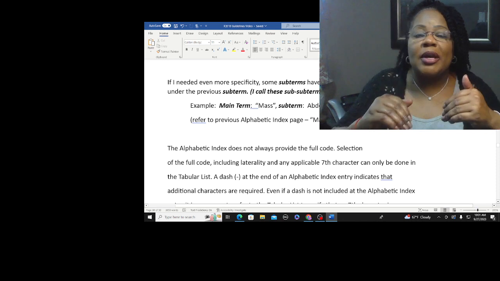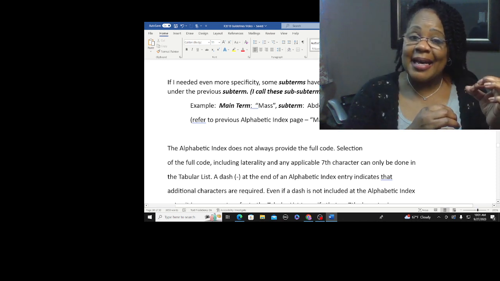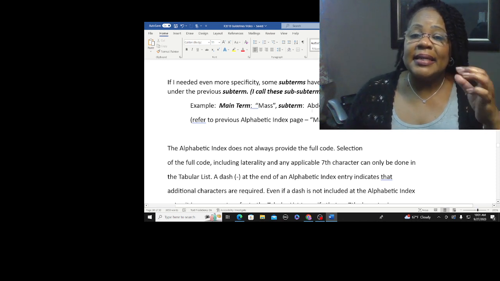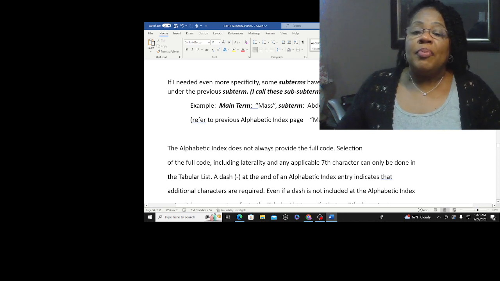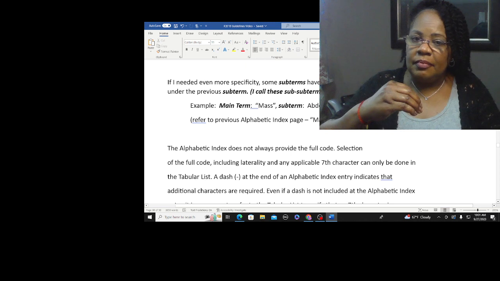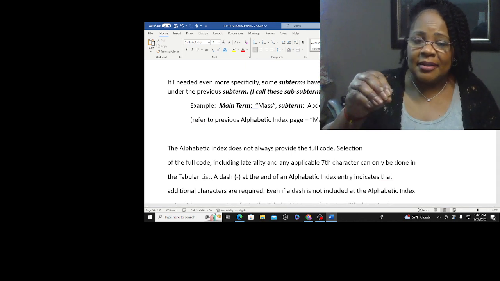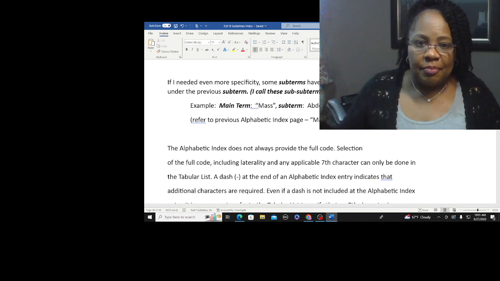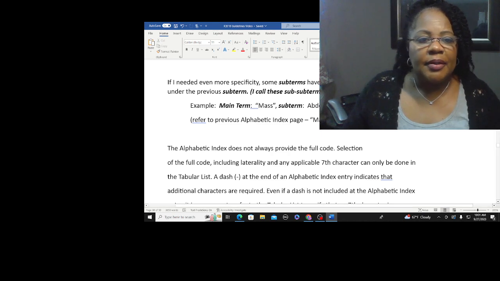It's describing greater specificity of the mass that is in the abdominal area, but for specificity, it's telling you it's in the epigastric region. And we know that the epigastric area is right above your umbilical, your navel.